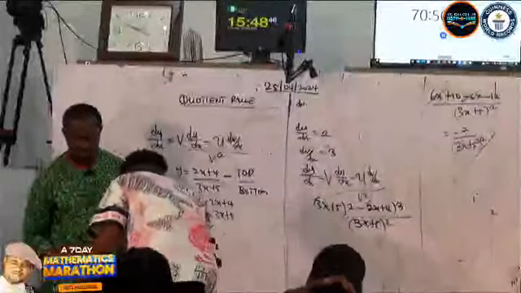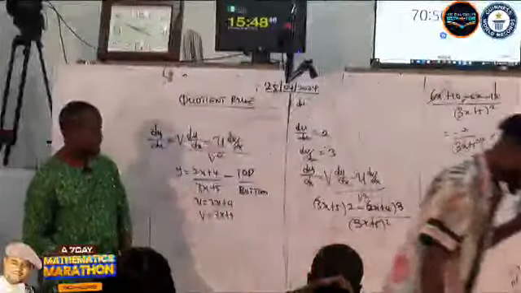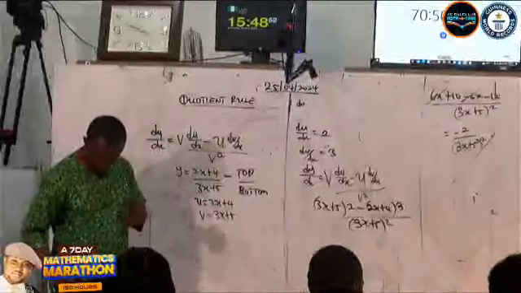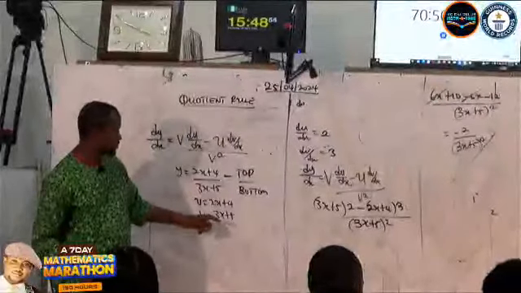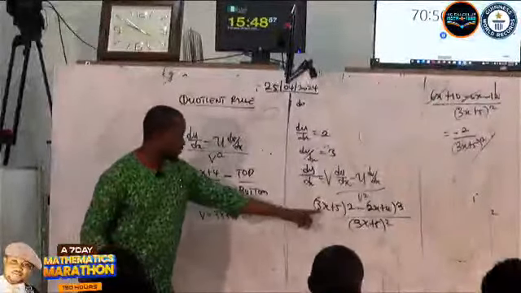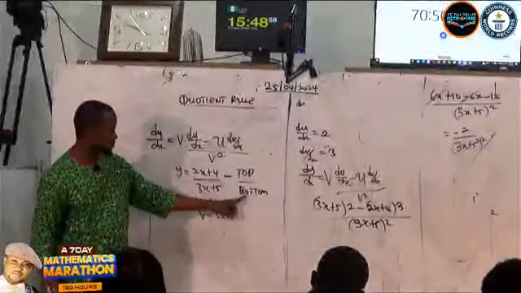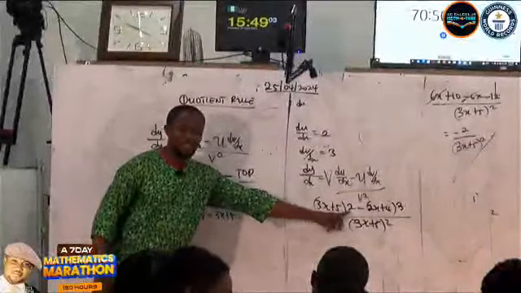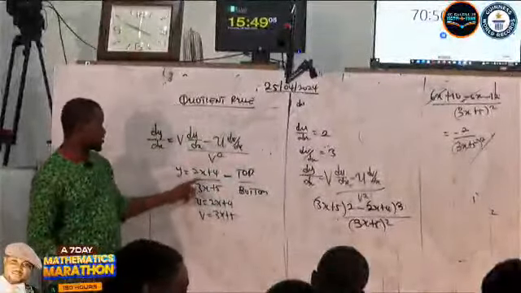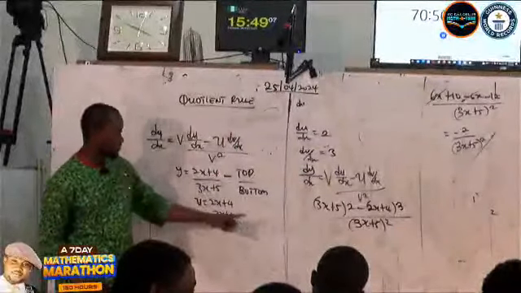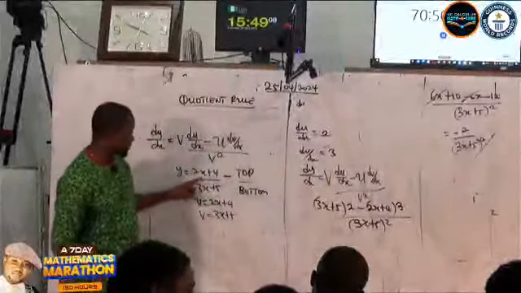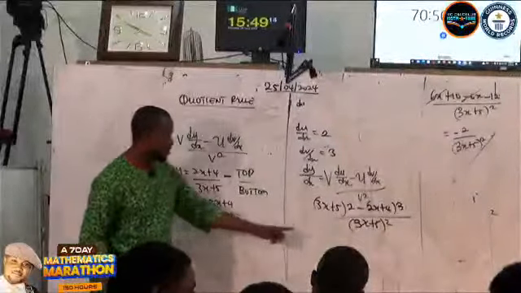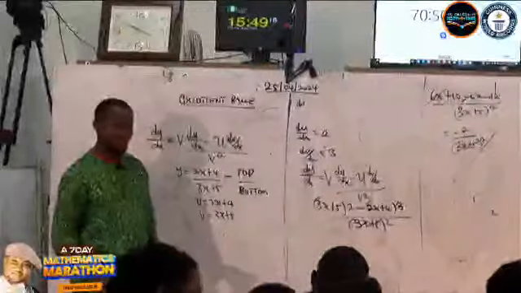This 3x plus 5 is what? Bottom, right? These two I am differentiating. What am I differentiating? Is it top or bottom? Top. This one is what? Top. Are you getting me now?